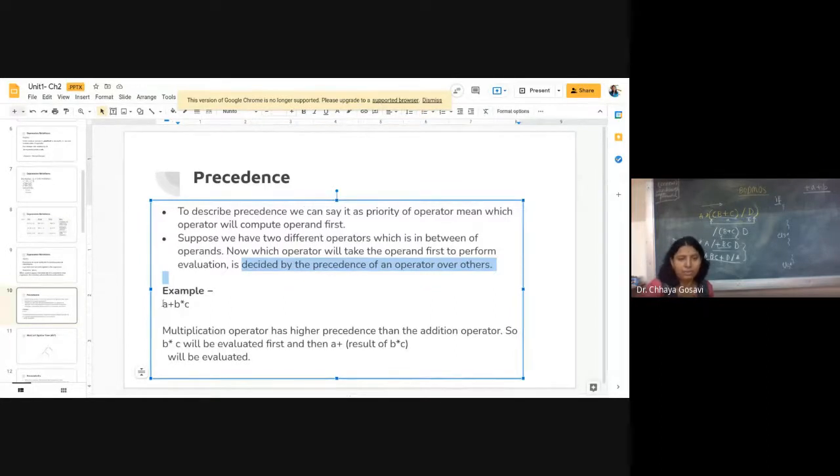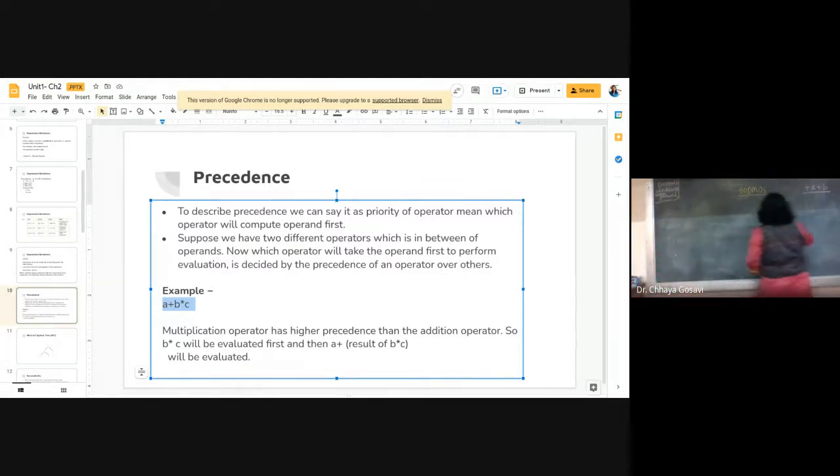This is a very important expression. Every time this example is used, A plus B star C. So take values 10, 20 and say 5. This can be executed as A plus B and then multiplication.